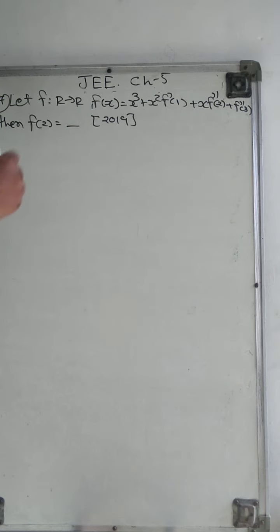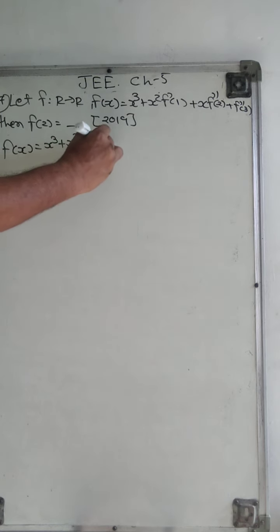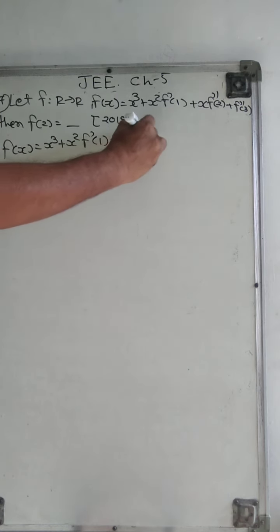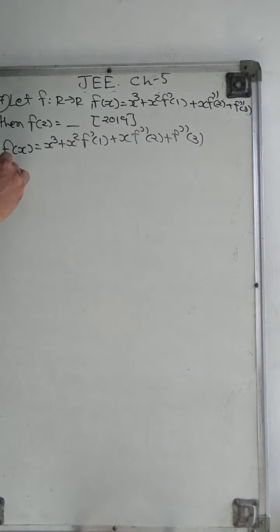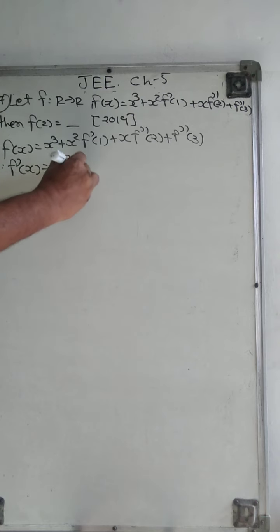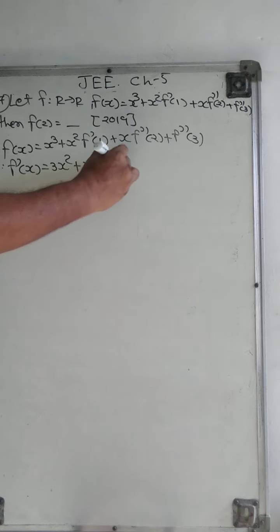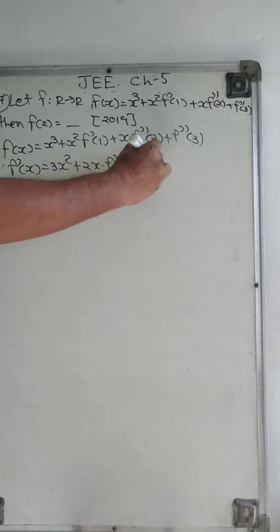Okay, so first of all f(x) is equal to x cube plus x square into f dash 1 plus x f double dash 2 plus f triple dash 3. So first derivative is 3x square plus 2x into f dash 1 plus f double dash 2.